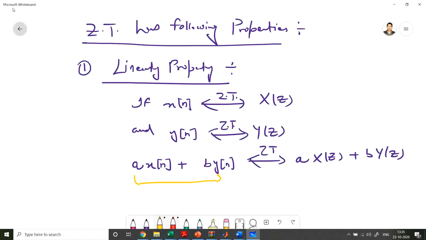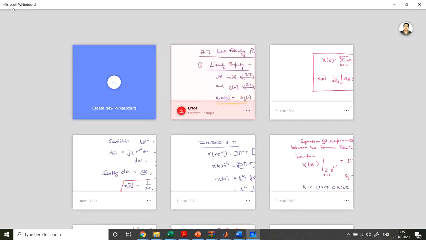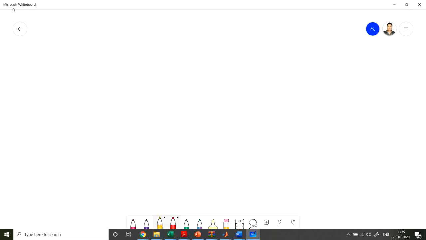This is simply the linearity property we have discussed in the case of continuous time signals also.